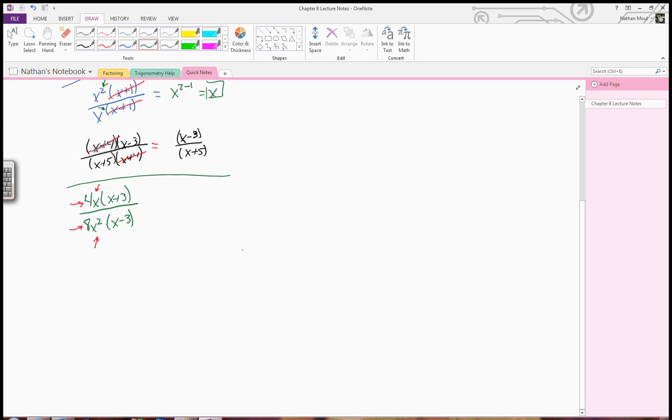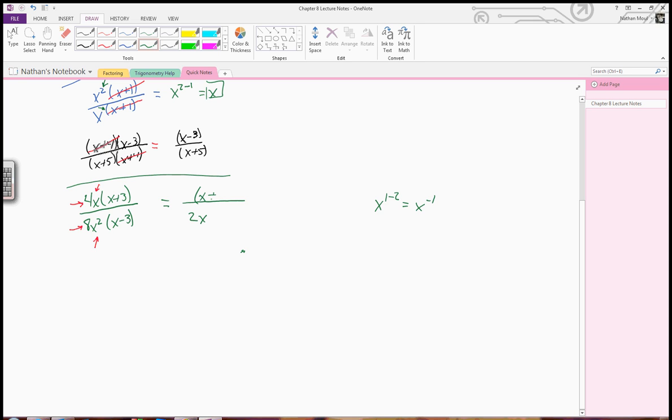So equals, and we know that 4 and 8 reduces down to 1 over 2, so I'm just going to leave the 1 out. And from what we had done earlier, we're dividing x to the 1 by x to the 2, or x squared, which is going to give us x to the negative 1, or 1 over x, which would put this here.